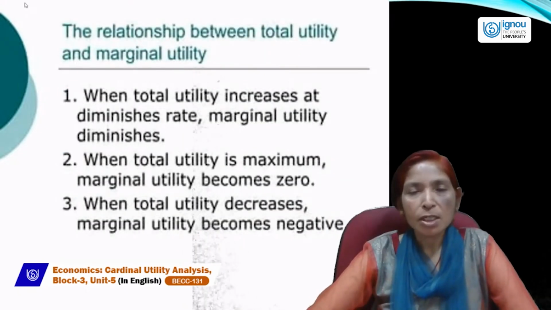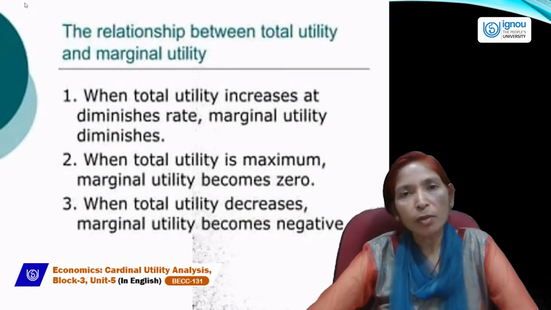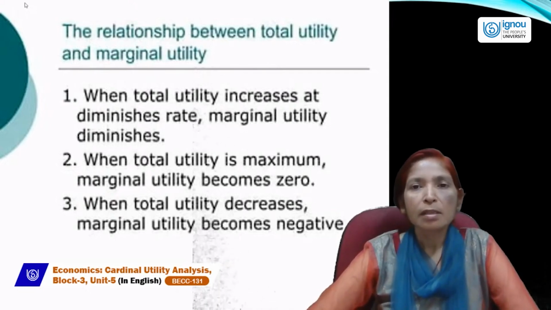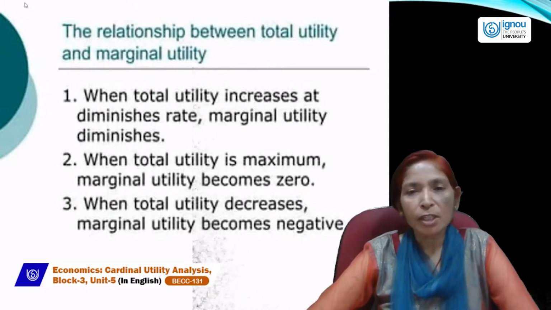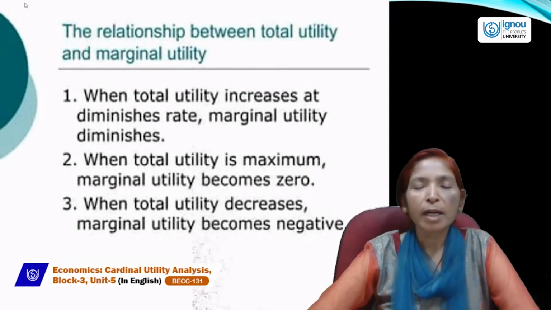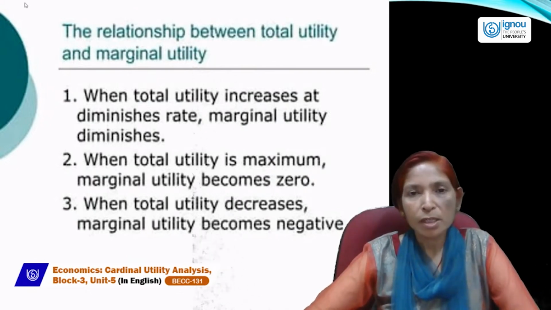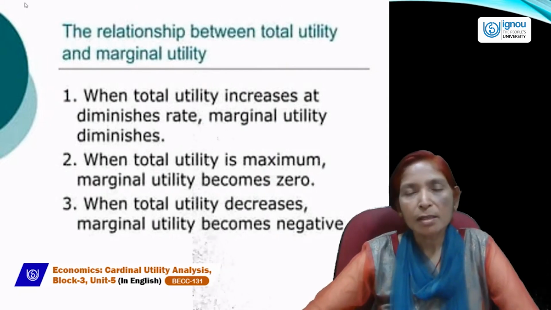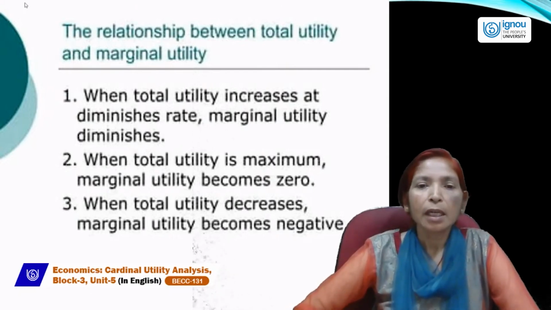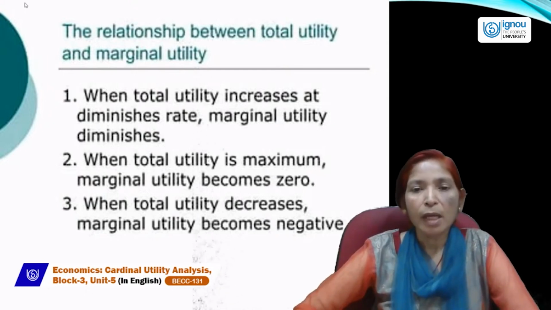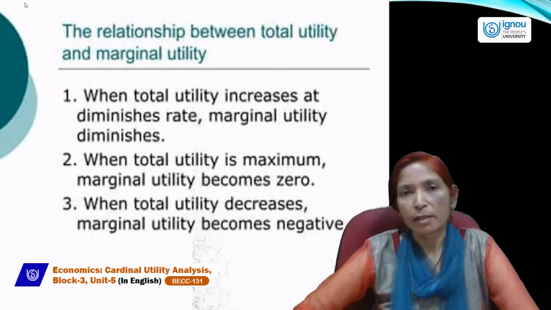Now, what is the relationship between total utility and marginal utility? There are different types of relationship between total and marginal utility. Here, three relationships are explained by Marshall. Number one is when total utility increases at a diminishing rate, then marginal utility diminishes.